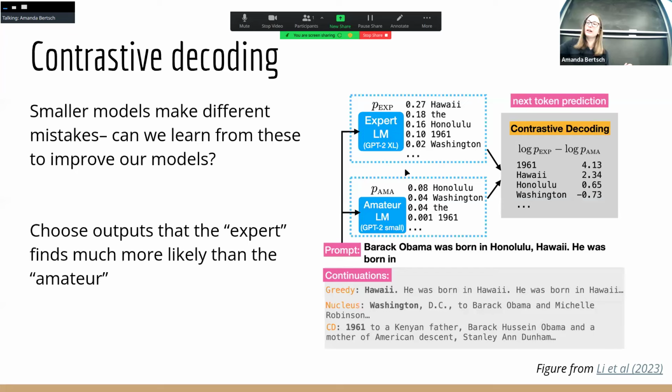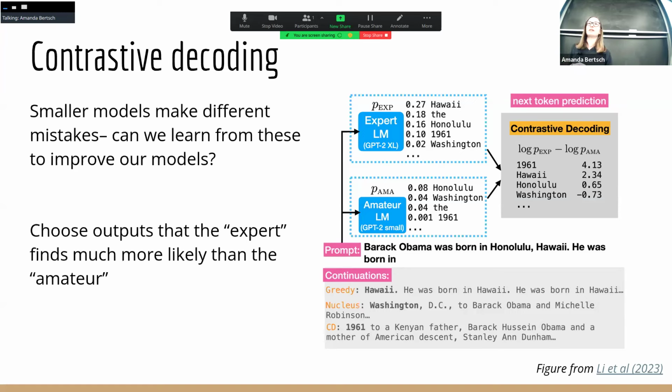I think they try a couple of different settings, and the general intuition, if I'm remembering it correctly, is that you want a model that's not so close in performance to your expert that you're basically just subtracting out useful things. But you also don't want a model that's so degenerate that it hasn't learned anything useful about your task at all. So I think it might depend on what task you're looking at. Yes.